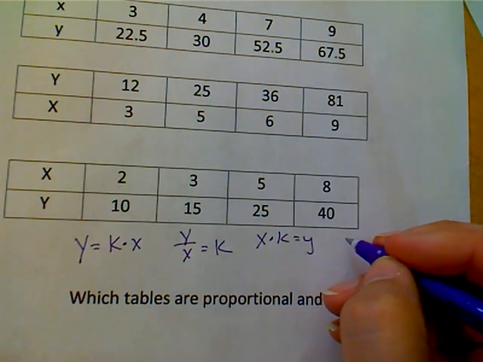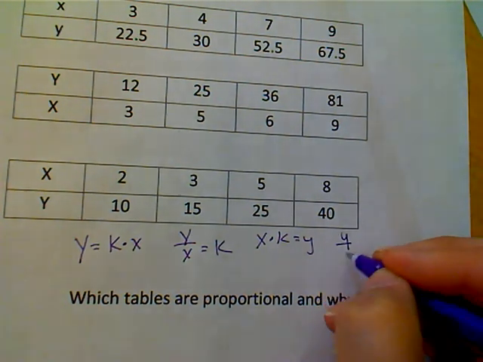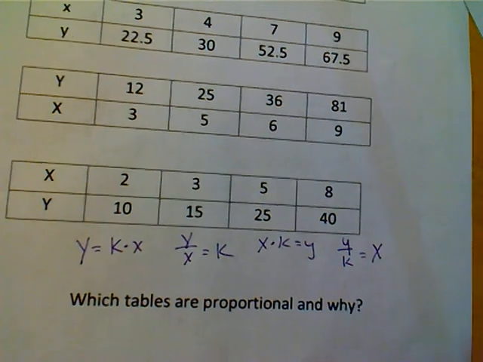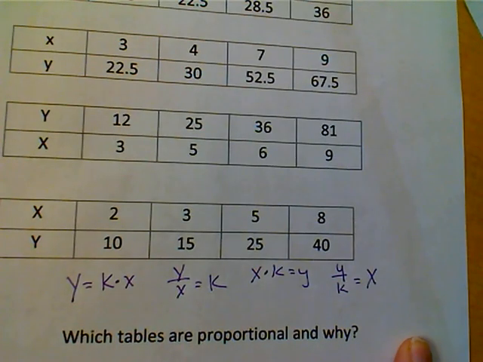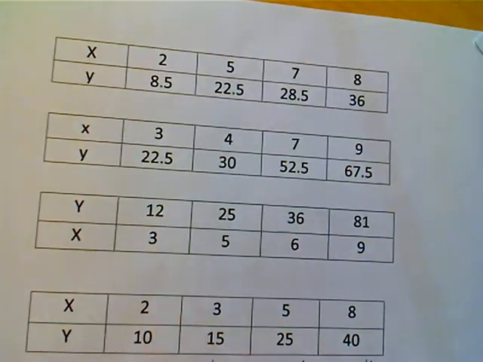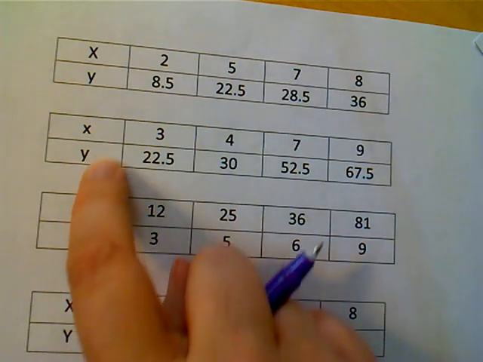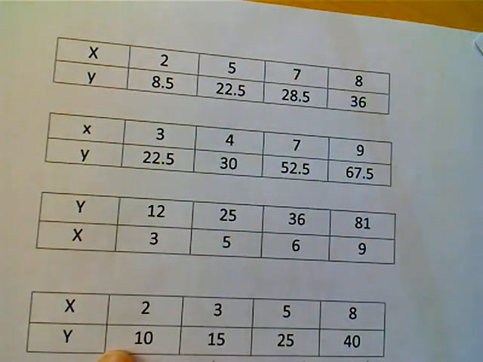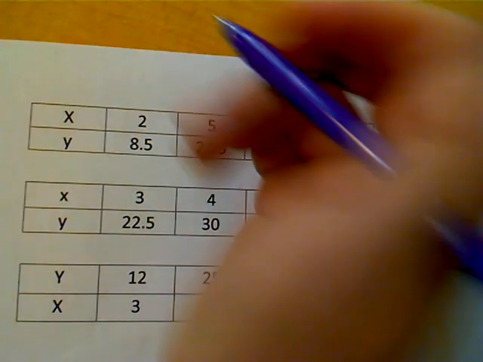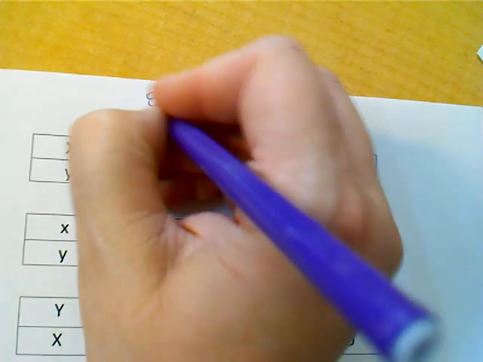And lastly, y divided by k equals x. You must know these. Do you see that they're all given an answer where the identifier is? So when you're doing the math, it's just division.